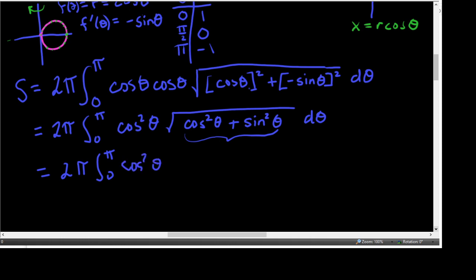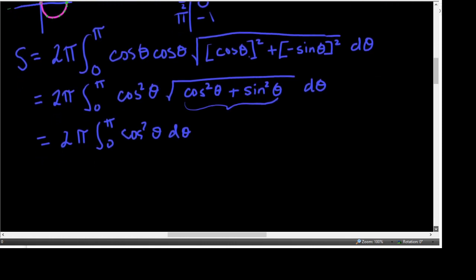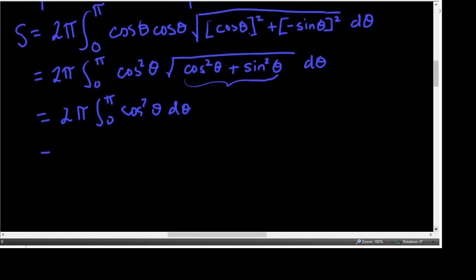Then the integral of that will involve using the power reducing identity for cosine. So if you'll recall, that's 1 plus cosine of twice the angle over 2, so twice theta over 2 d theta.